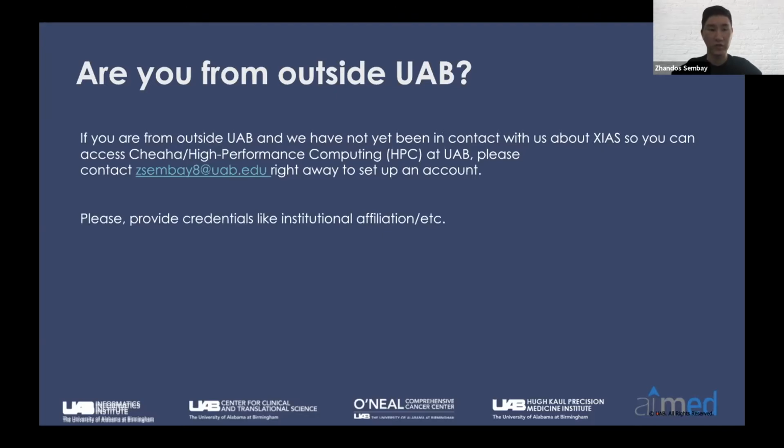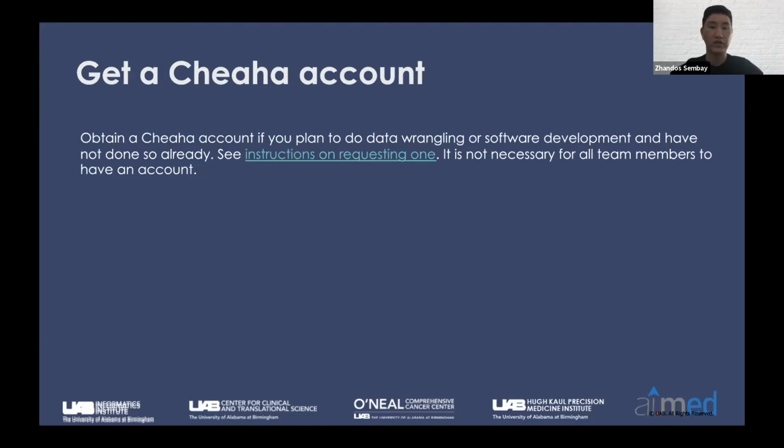Please contact me again using this email to set up an account. To obtain a CHA account, if you plan to do data wrangling or software development and have not done so already, please visit this instruction and request from our research computing to set up your CHA account. It's not necessary for all team members to have an account, maybe only your developer or technical person in the team needs it.